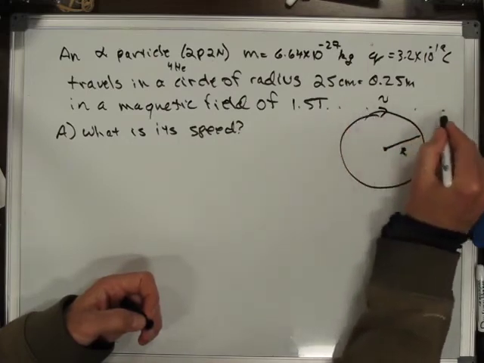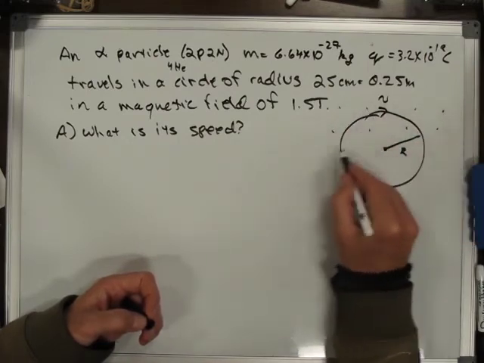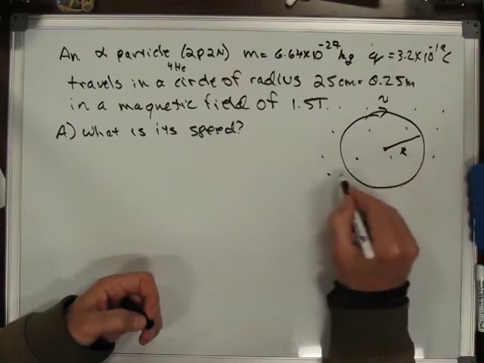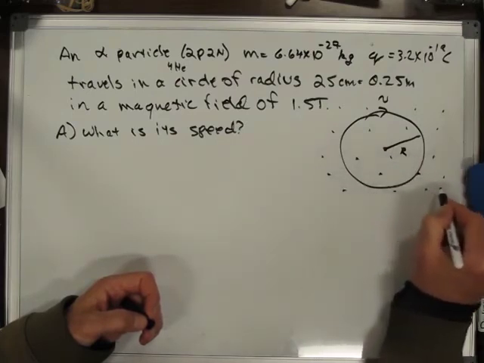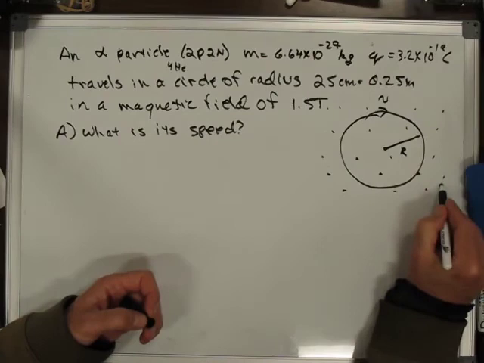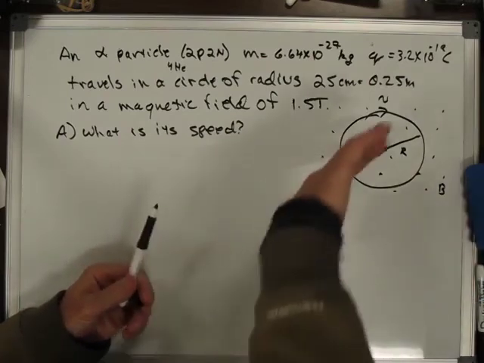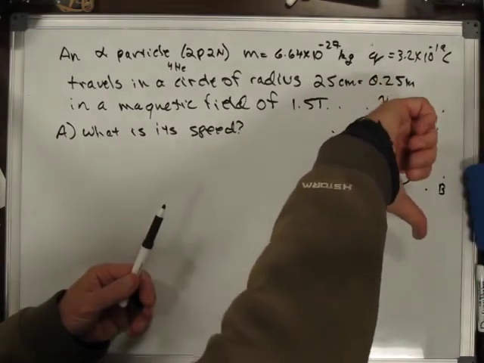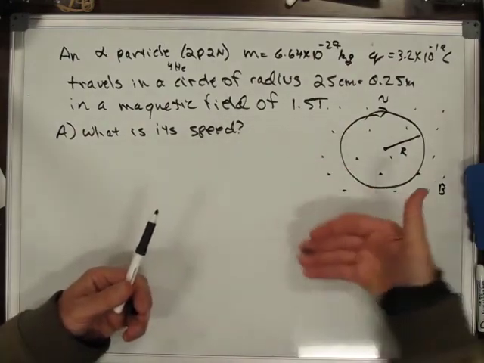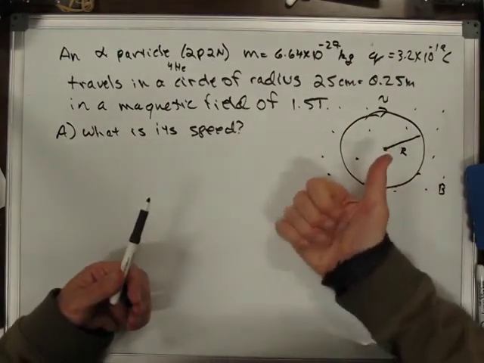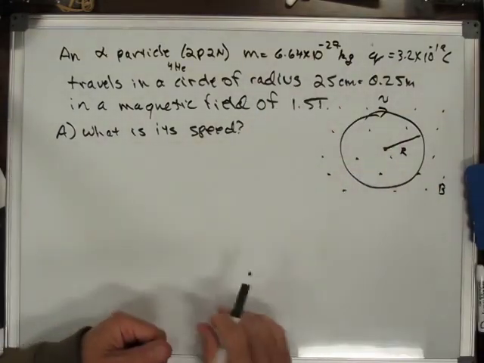And then so on. That's my magnetic field, right? And then QVB has me always going in the center when I'm going this way. Force is that way, force is always towards the center.